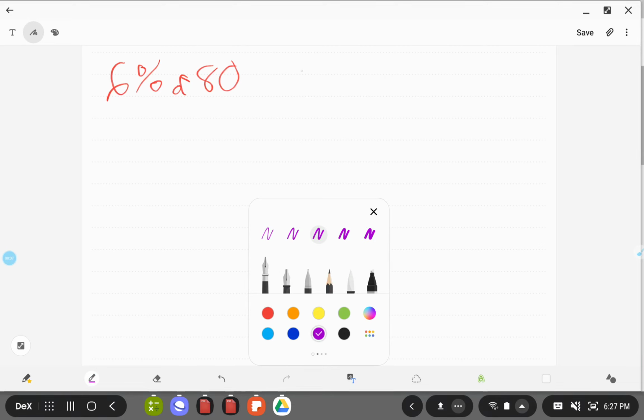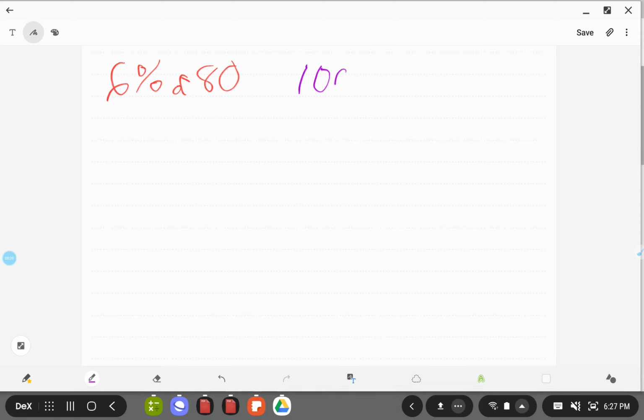We could have said, what is 106% of 80? So solving for 106% of $80 tells me this is going to be my final cost, everything said and done. I don't have to add anything at the end, because 106% of 80 means it's the original plus the tax. So we're talking original plus tax.